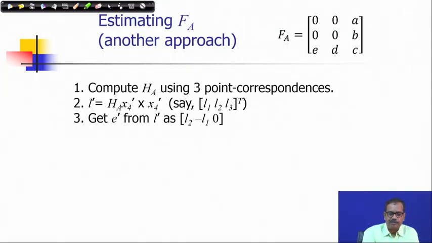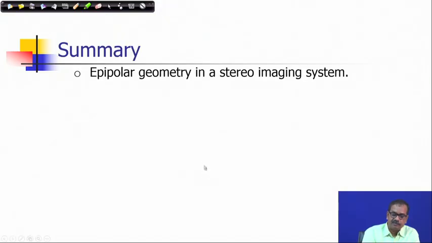So, actually the epipole is a point at infinity along that direction, and this is the direction of the line. So, in this way epipoles can be obtained. So, now you have H A and you have e prime. So, e prime cross H A would give you the corresponding affine fundamental matrix.